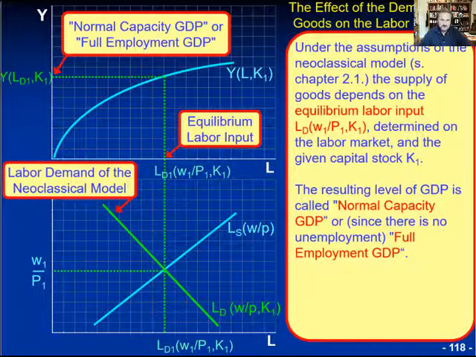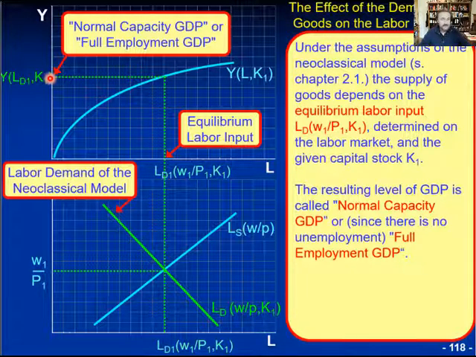This means, under neoclassical assumptions, the causality comes from the labor market. The labor market decides how much labor input is used to produce GDP. So the supply of GDP depends on the labor market equilibrium, and not vice versa.